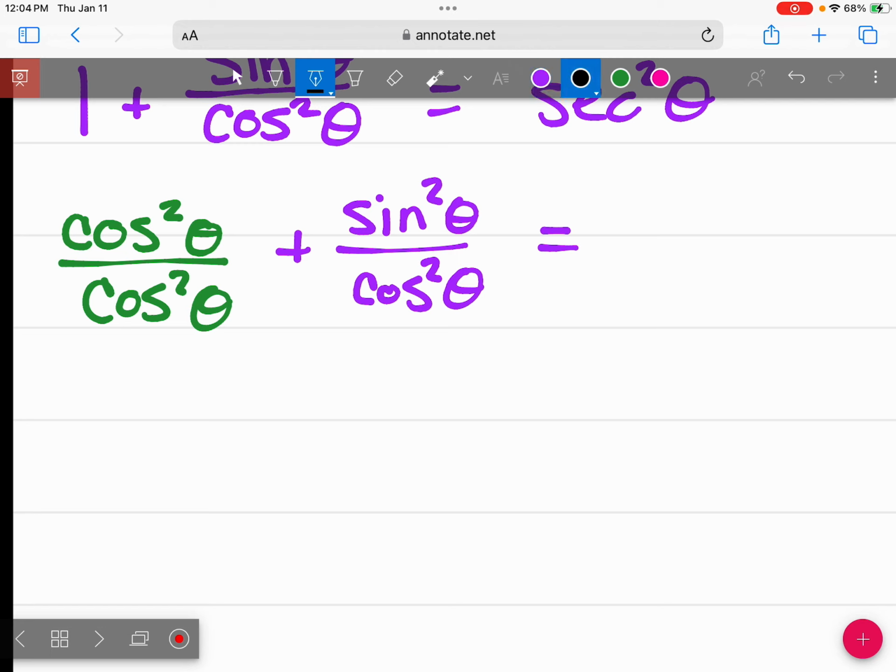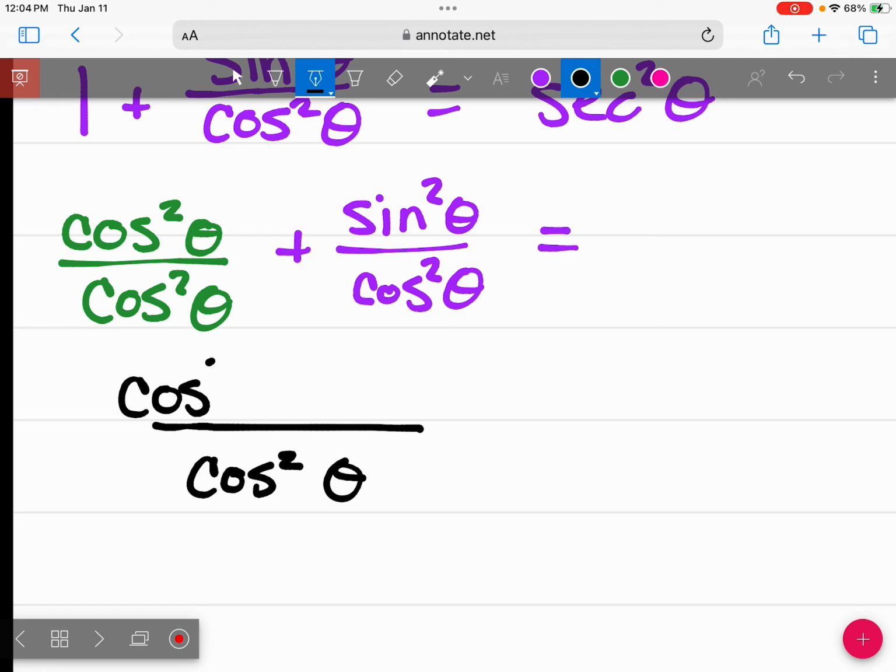I have a common denominator, so I can add these together. So we have cosine squared theta on the bottom, and my numerator is cosine squared theta plus sine squared theta.